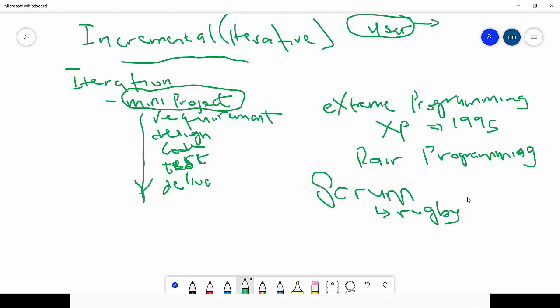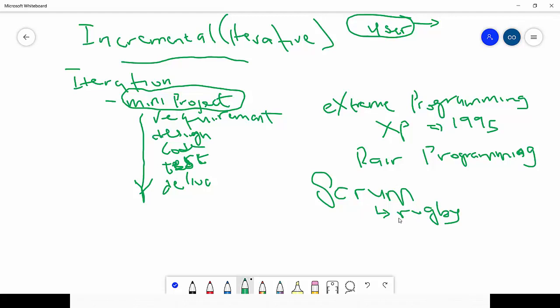Now, the idea of the Agile Scrum methodology is that a small team, and this is really important, a small team is unified around a single goal, and they get together for sprints of development that move them towards that goal.